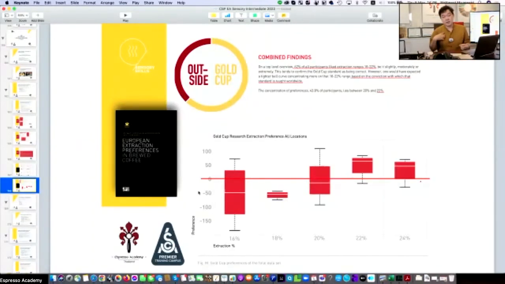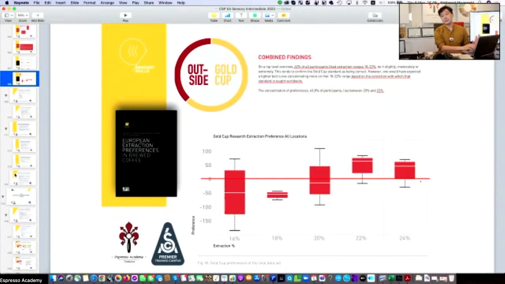I roast my coffee darker because of this survey. I blend my coffee into a less acidic profile because of this survey. So a lot of surveys help, okay? I like to read surveys, it's very fun. But I haven't had a chance to repeat the survey. It would be nice if I get a chance to do it here, but we'll see how it goes.